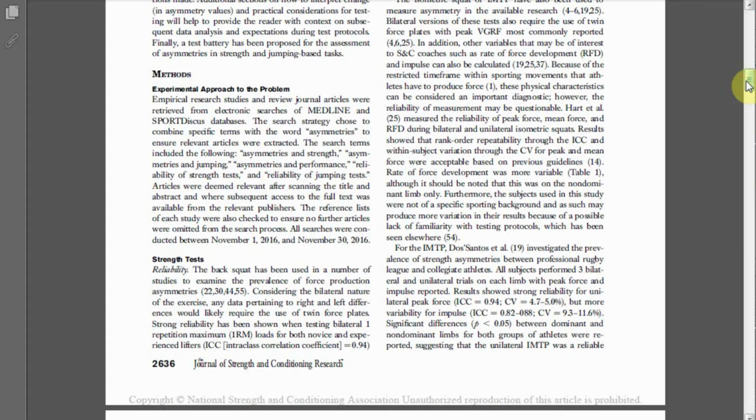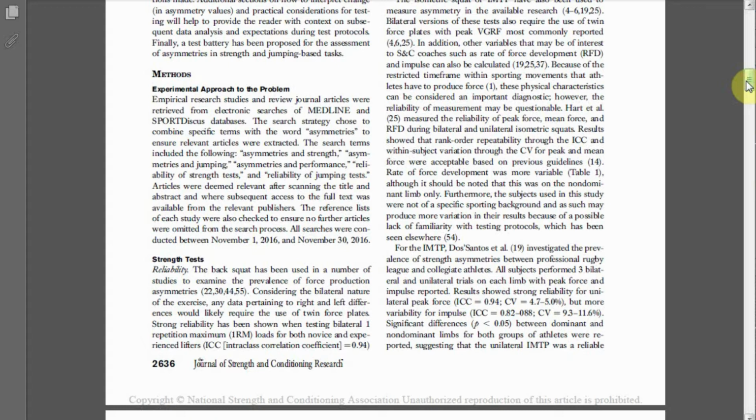And whilst that should always be desirable, I'm not totally convinced that A, athletes can always do that, and B, if they can, I think that quantifying asymmetries from a test like that is probably only really particularly useful at the higher end, sort of at 90% plus of their projected maximum. And with that in mind, that might not always be conducive to a given phase of training for athletes.